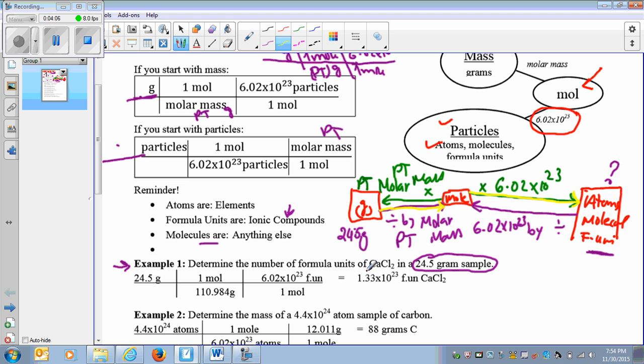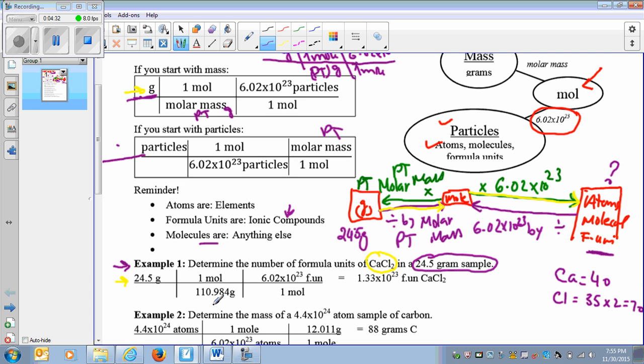Molar mass of what? Molar mass of CaCl2. So you start with your grams, as it's given right here, and you divide by the molar mass of CaCl2. Now how do you get the molar mass of CaCl2? Calcium is 40 some grams, chlorine is 35 multiplied by 2, which is 70.